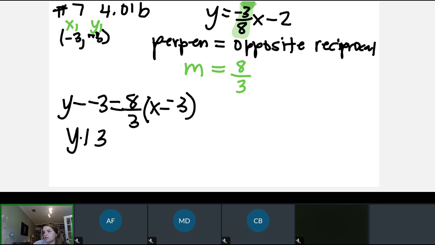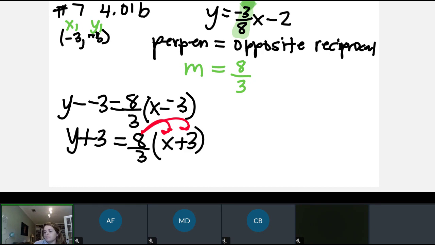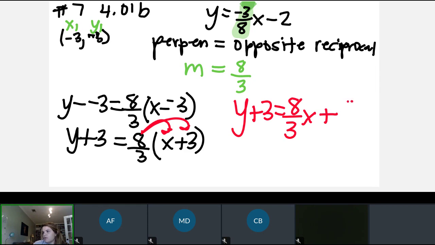So we get y plus 3 equals 8/3 times x plus 3. Okay, and then we're going to, again, solve for y. So y plus 3 equals 8/3 x plus 8. And then you have one more step to solve for y. So you're just going to subtract 3, and that will be your answer.